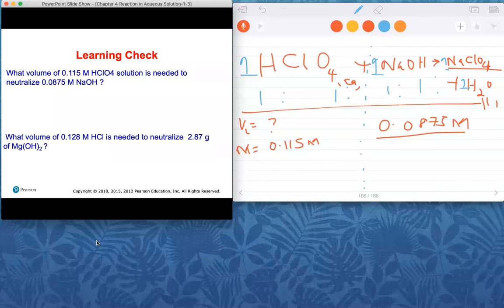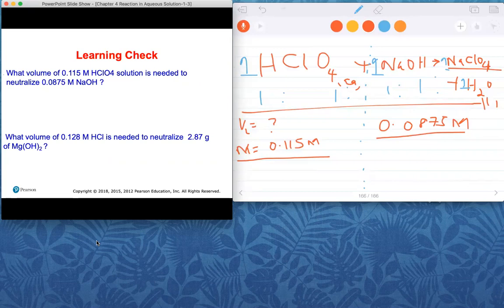So if we know the number of moles, the volume and the molarity required, we are looking for moles of NaOH.